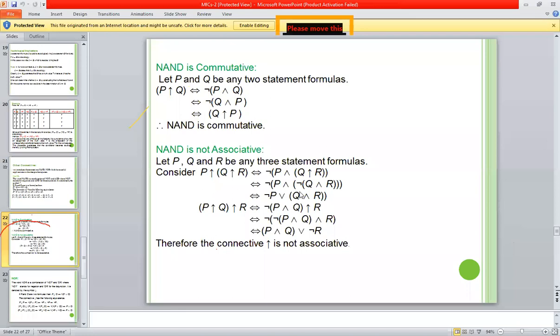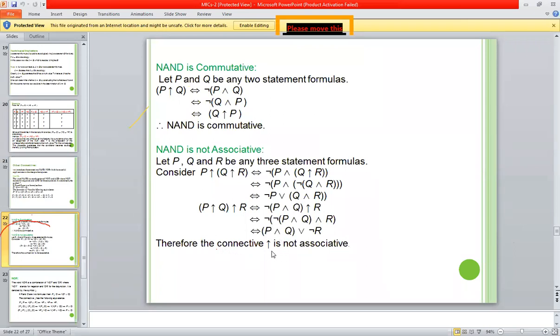In place of Q NAND R, we apply the NAND rule, negation of Q and R. For the RHS of the associative law, (P NAND Q) NAND R, this can be written as negation of (negation of P and Q) and R, which is P and Q or negation R. Here we observe that the LHS and RHS of the associative law are not equal.